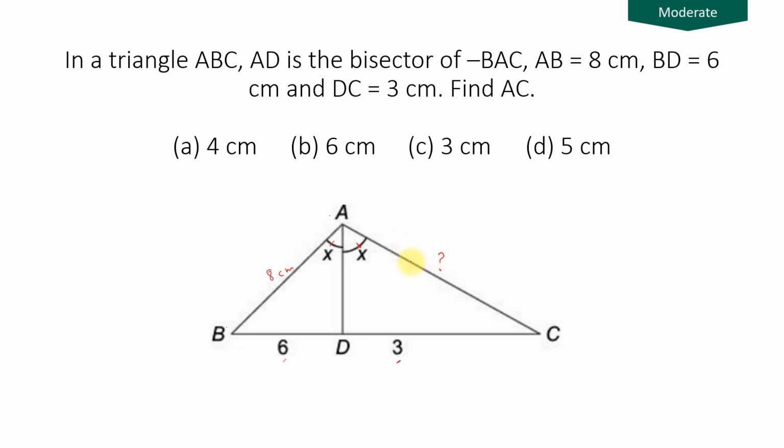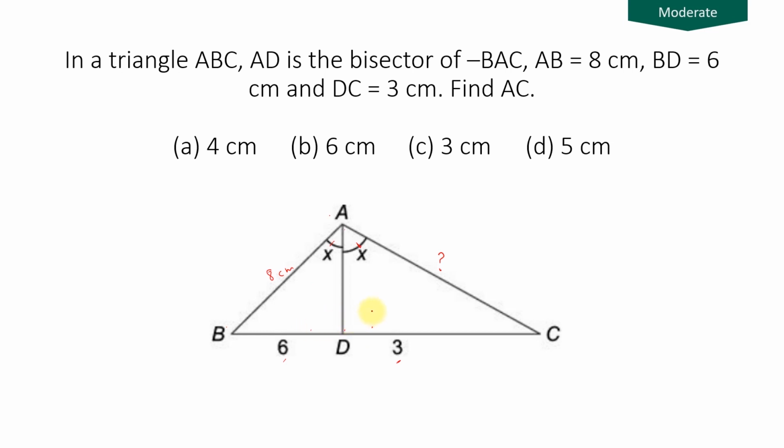So whenever in a triangle we see an angle bisector, we should be reminded of the angle bisector theorem. This we discussed in the last lecture, in the last video. And the angle bisector theorem said that if we draw an angle bisector from one vertex to the other side of that triangle, that angle bisector will divide the opposite side in the proportion of the two sides of the triangle.